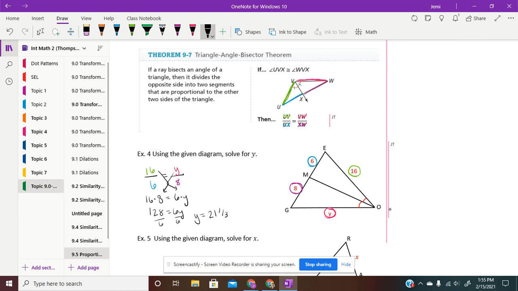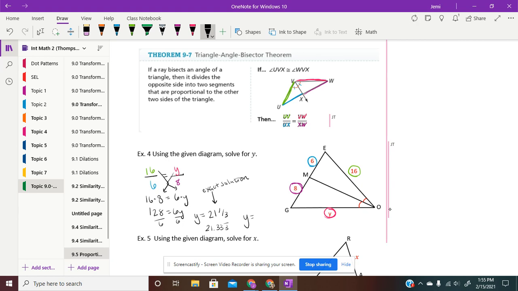21 1/3. Now, if the problem asks for an exact solution, then you would type in 21 1/3. If it doesn't, remember that 21 1/3 is like 21.333 repeating, right?